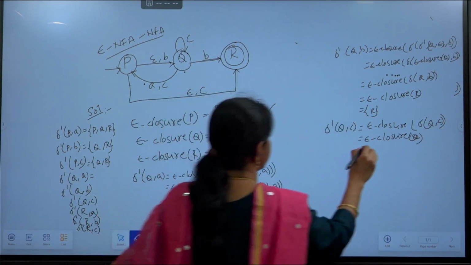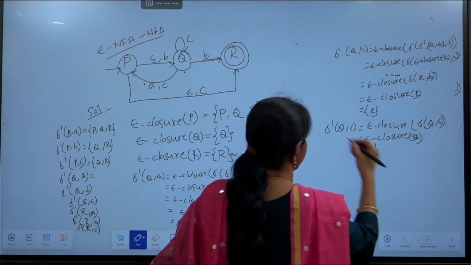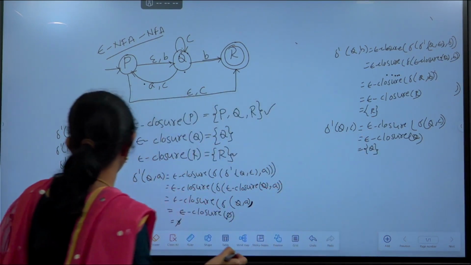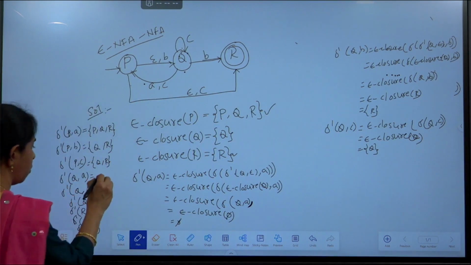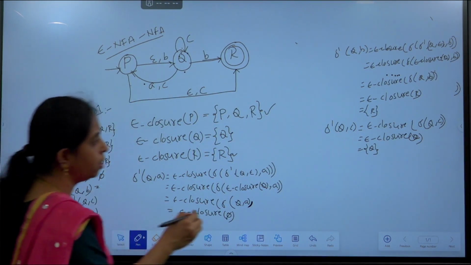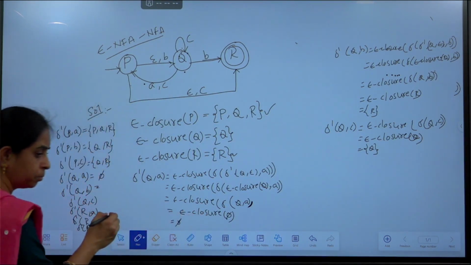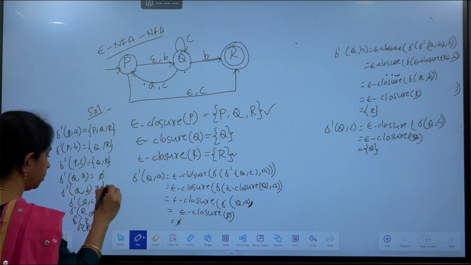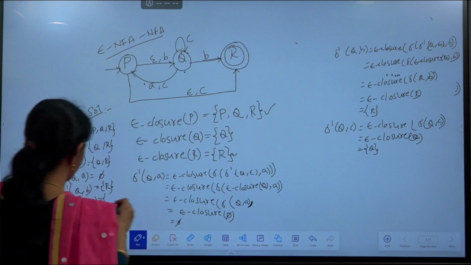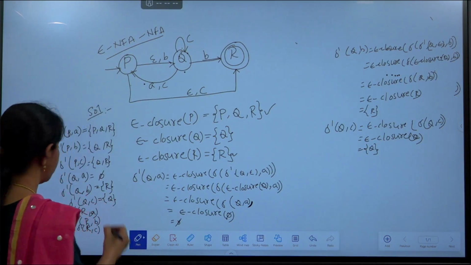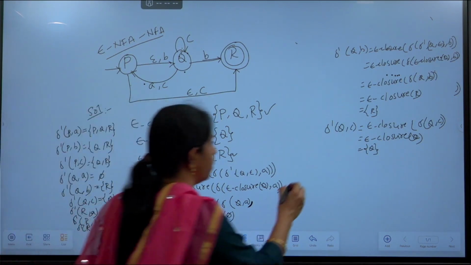That is Q itself. That means delta dash of Q comma A we have phi, Q comma B we have R, Q comma C we have Q.